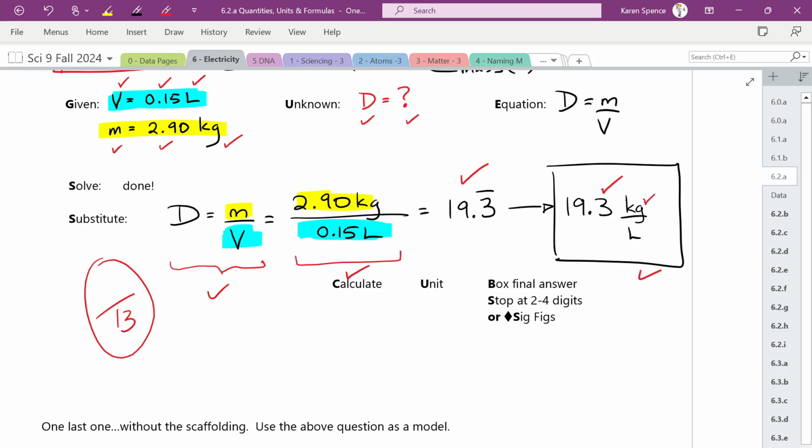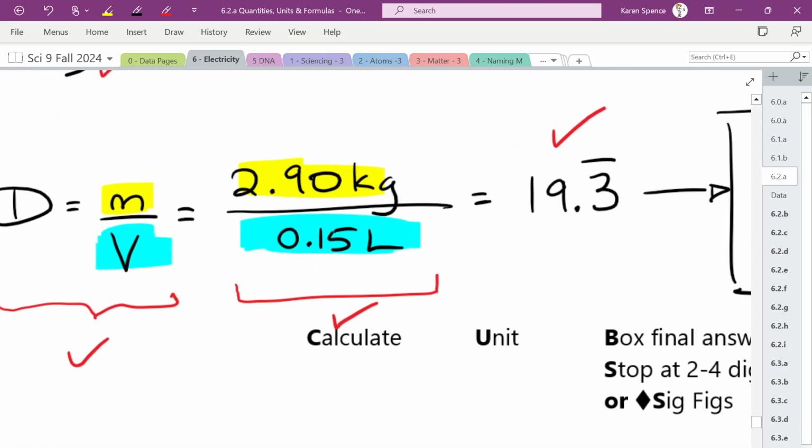Anyone interested in the sig figs on this question? Okay. How many sig figs in 2.90? 3 sig figs. How many sig figs in 0.15? 2 sig figs.